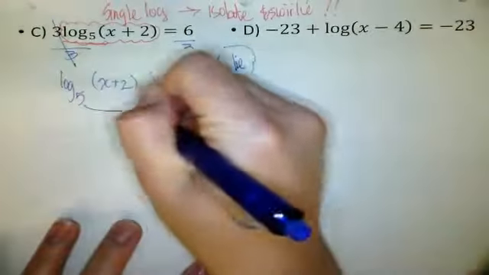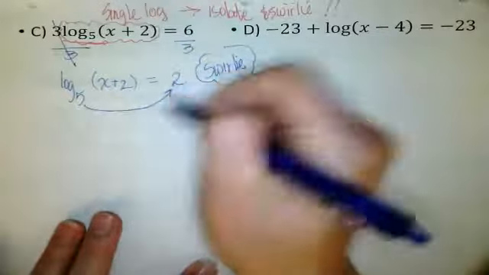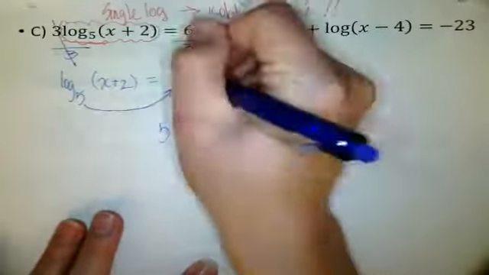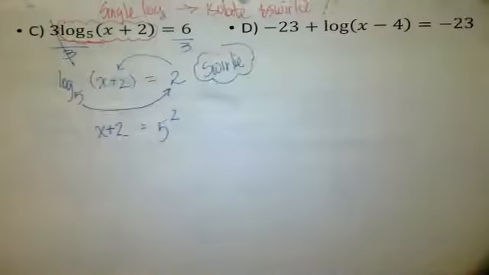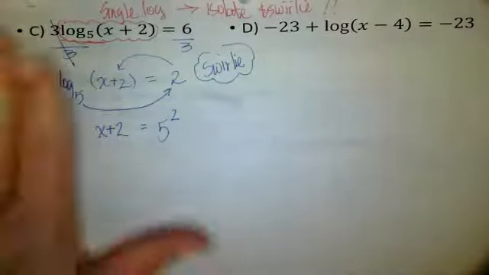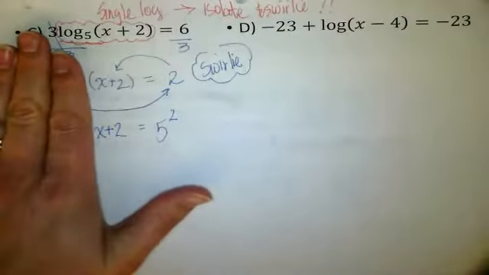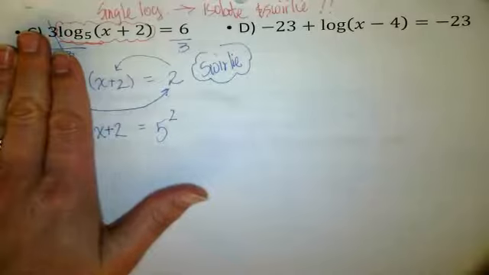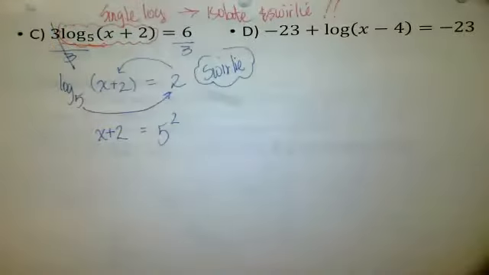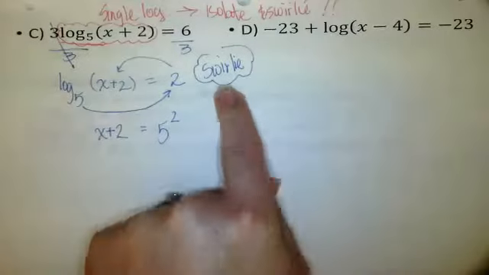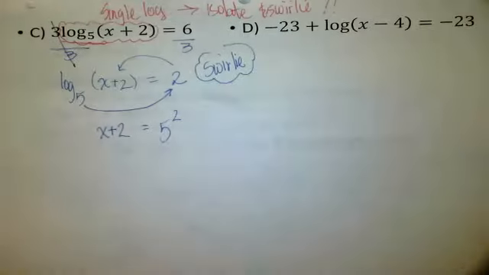To do that, we give it a swirly. 5 to the second power is equal to x plus 2. You cannot just drop the log and wind up with x plus 2 equals 2. Lots of you want to do that, but it doesn't just disappear. You have to do something to get rid of it. And that is the swirly. Give it a swirly, and it disappears.